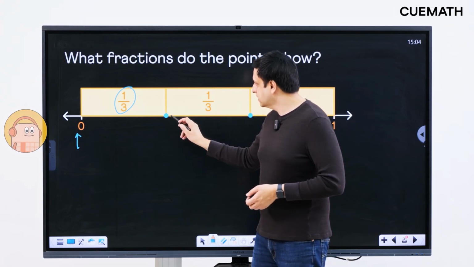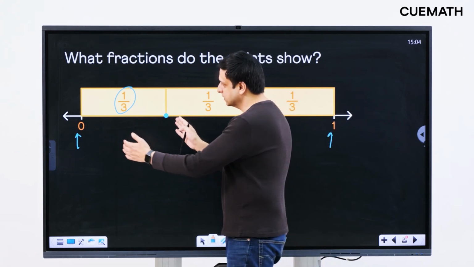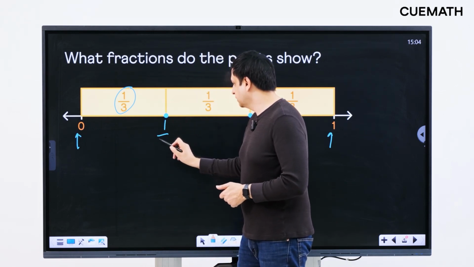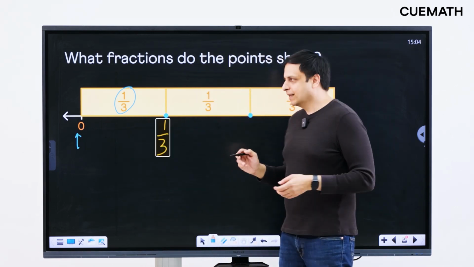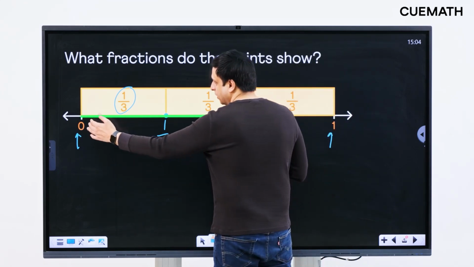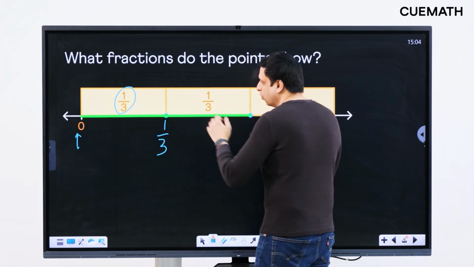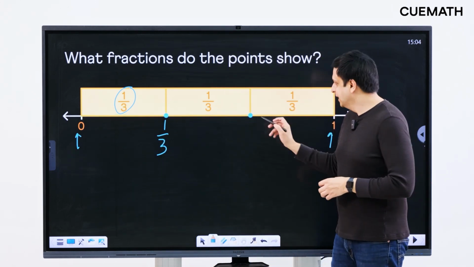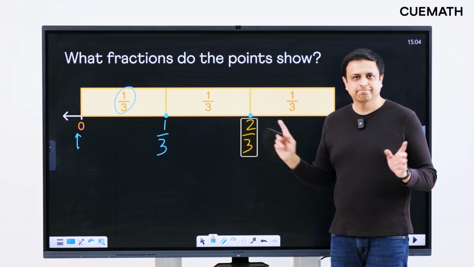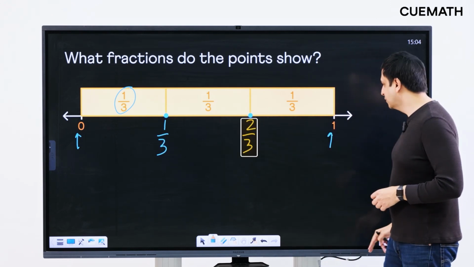So this point is at a distance from 0 that's covered by one of the three equal parts. So this will be the fraction 1 over 3. And what about this point here? So this point is at a distance from 0 that's covered by two of the three equal parts. So this point here will be the fraction 2 over 3. So 1 over 3 and 2 over 3.